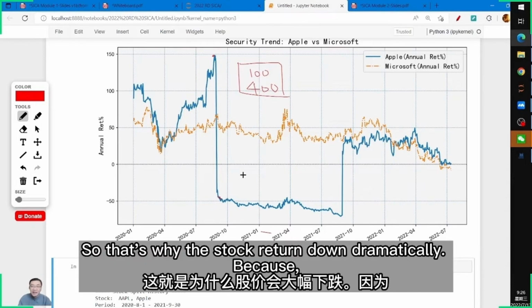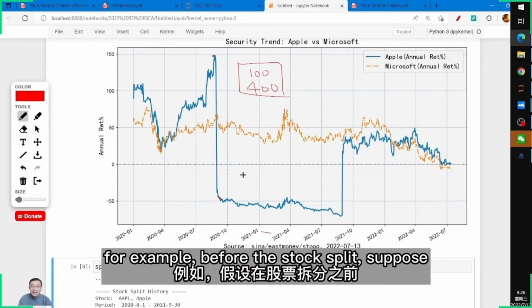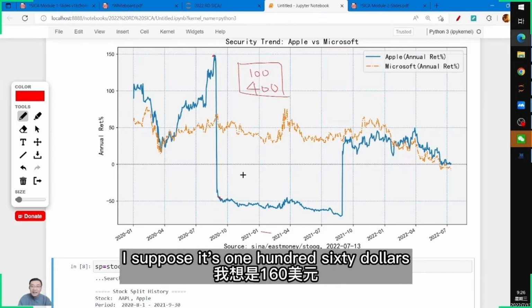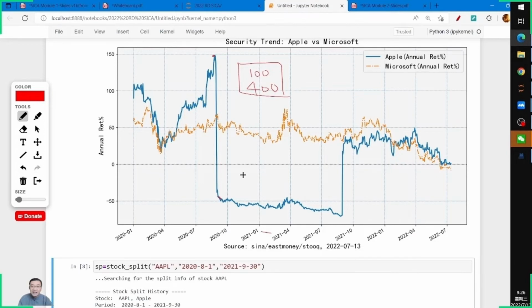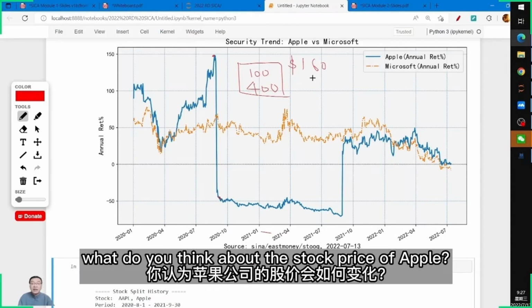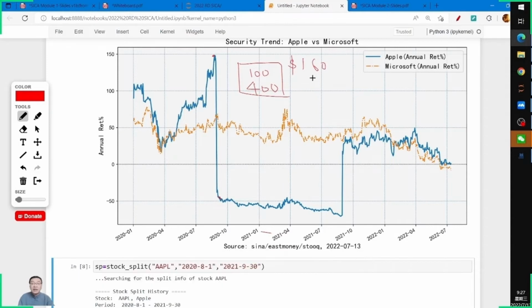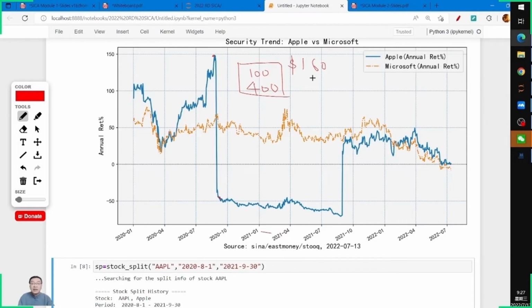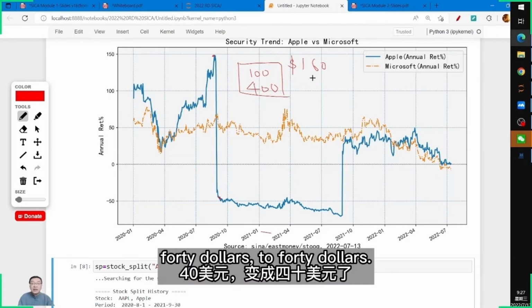So that's why the stock return went down dramatically, because, for example, before the stock split, suppose Apple stock price, I don't remember the exact number, suppose it's $160 before the stock split. After the 1-4 stock split, what do you think about the stock price of Apple? Theoretically, it should be divided by 4, right? To $40.